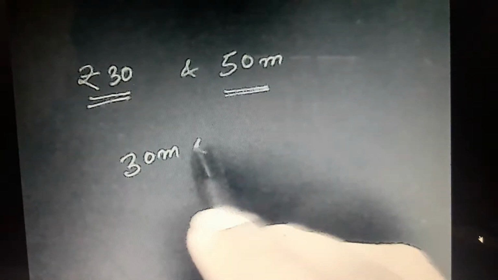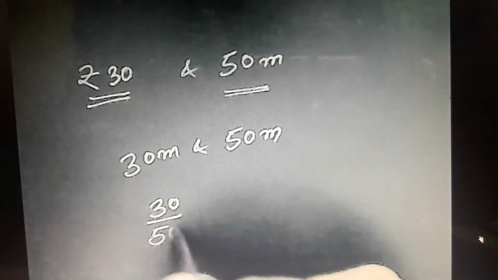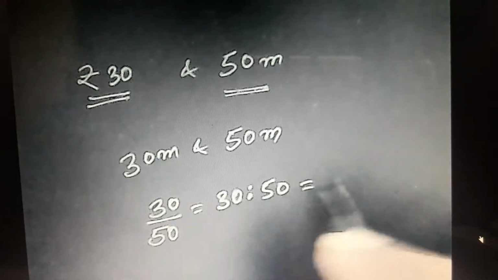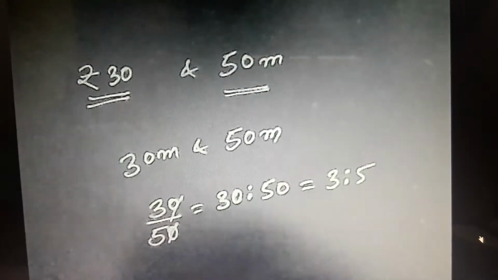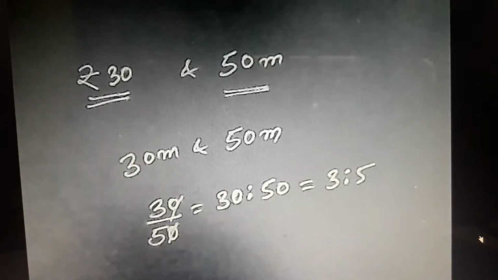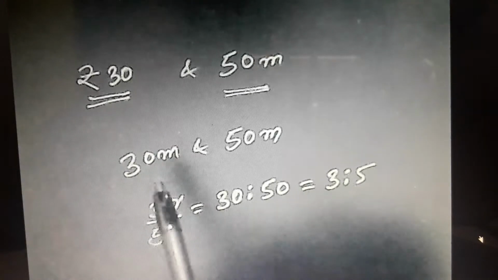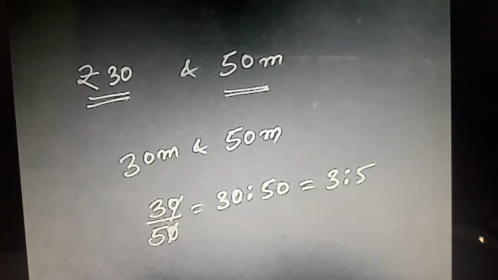However, if we have 30 meters and 50 meters, we can have a ratio of 30 upon 50, or 30 is to 50, or 3 is to 5 after cancelling both the zeros. Unless the units of the two numbers are the same, you cannot make a ratio of these numbers.